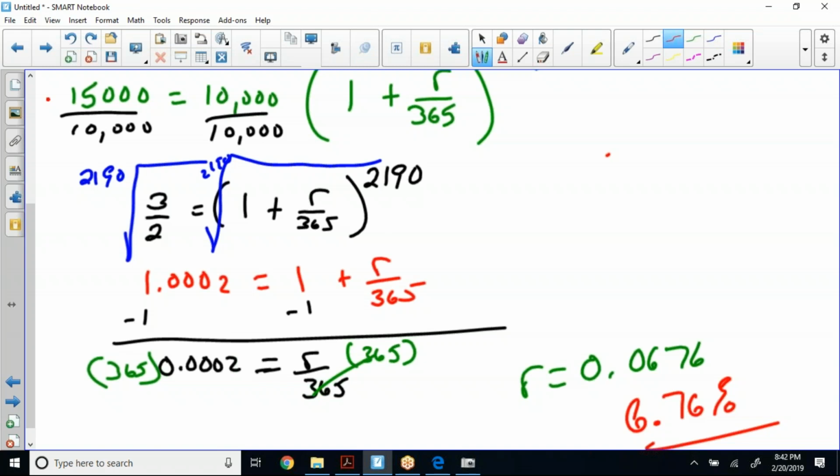So let's see how you have to do this. You have to find the root. So 2190, second, you see that caret button on top? You're going to do 3 divided by 2, close parentheses, and that gives me that. Minus 1, and then times 365.